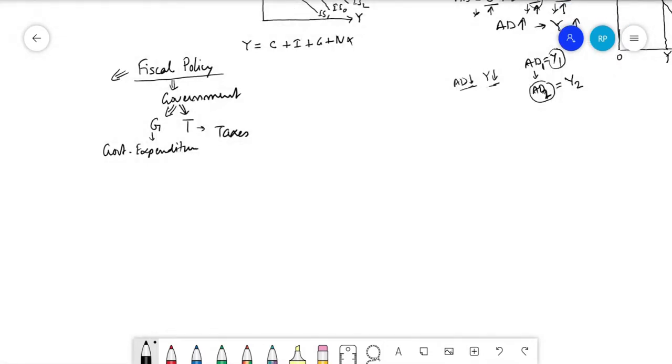What is the ultimate aim of fiscal policy? The main objective of fiscal policy is to achieve higher economic growth and development in the economy. And again, in the overall economy, as far as macroeconomic policy is concerned, you can divide it into three different groups, three macro policies.